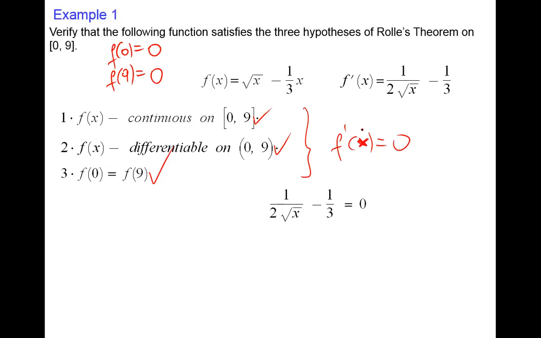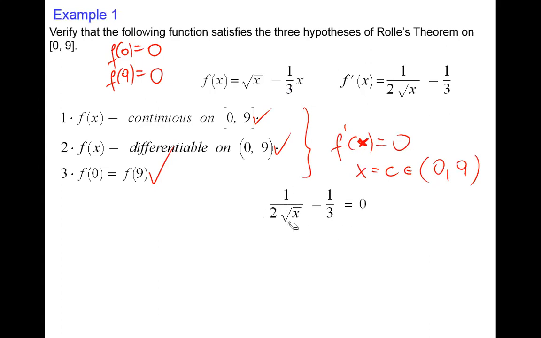That means that x, of course, is my value c, and I can write the solution of this exists as a c value, and the c value is definitely between 0 and 9. And since we have the derivative, I can solve this equation.